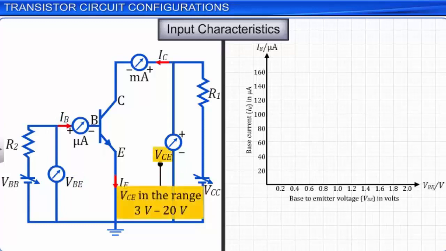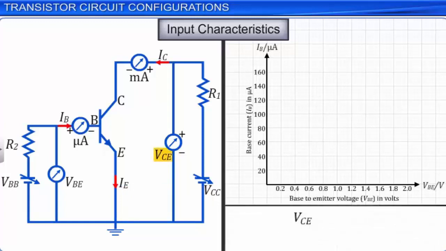Since the collector-emitter voltage, VCE, is the sum of the collector-base voltage, VCB, and the base-emitter voltage, VBE, and VBE is 0.6 volts for a silicon transistor, the collector-emitter voltage is sufficiently larger than 0.6 volts.